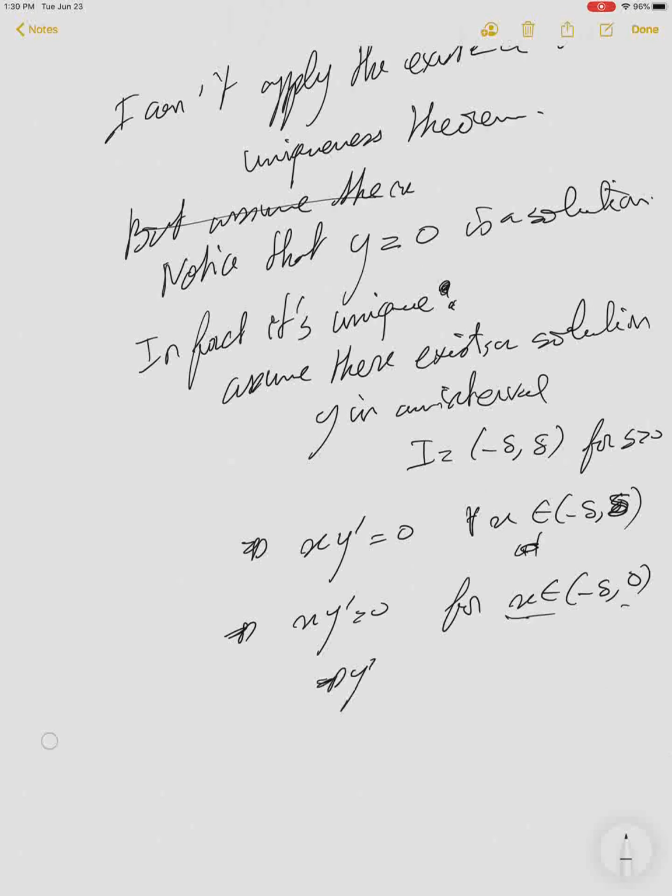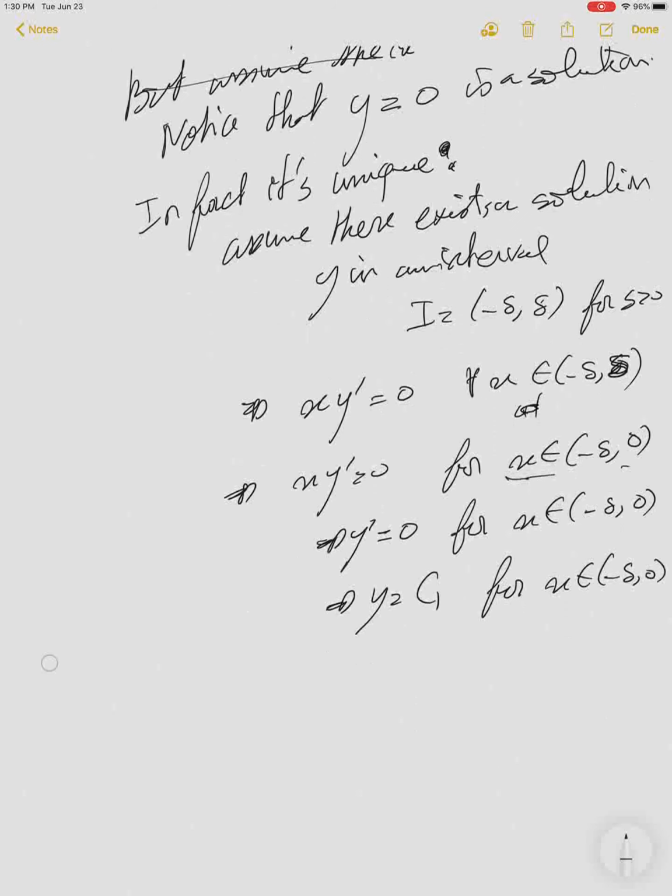This implies that y prime equal to 0 for x in the interval minus delta 0, and this implies that y is equal to a constant c1 for x in minus delta 0.